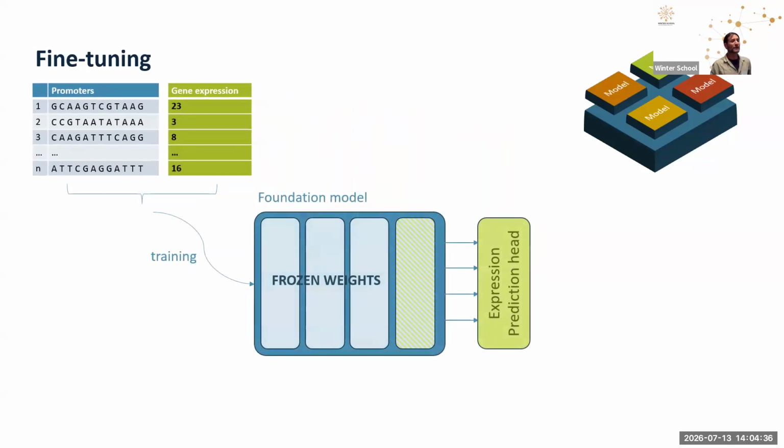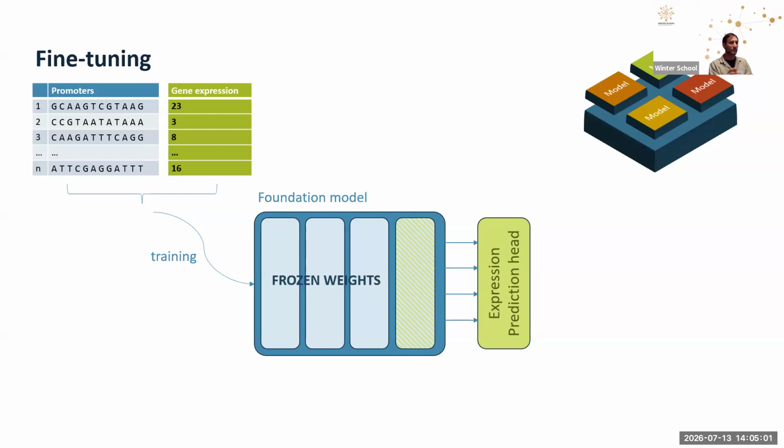So what we could do is take our foundation model and run it through a fine-tuning mechanism. That means we're adding a new predictive head, in this case an expression prediction head, onto the end of the model. We've got the foundation model with its architecture, as Yoni described, attention mechanisms and all sorts of layers of neural networks.